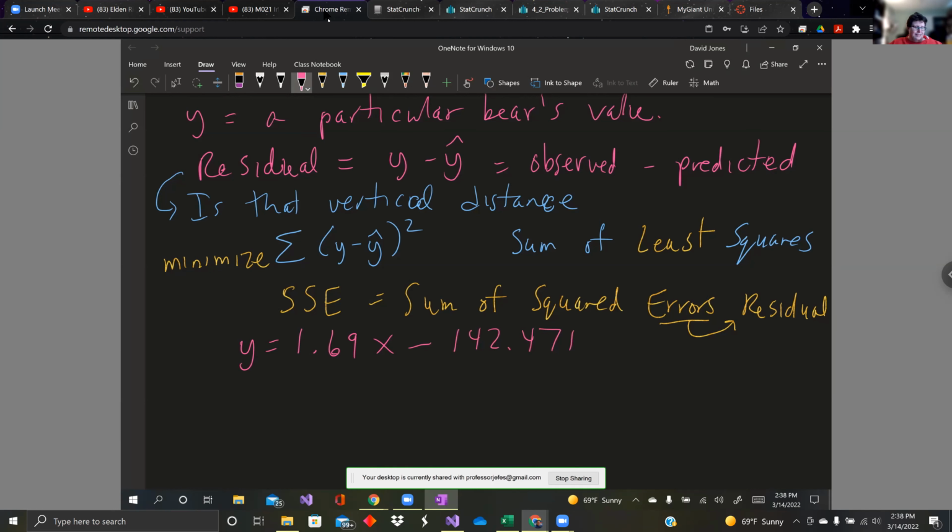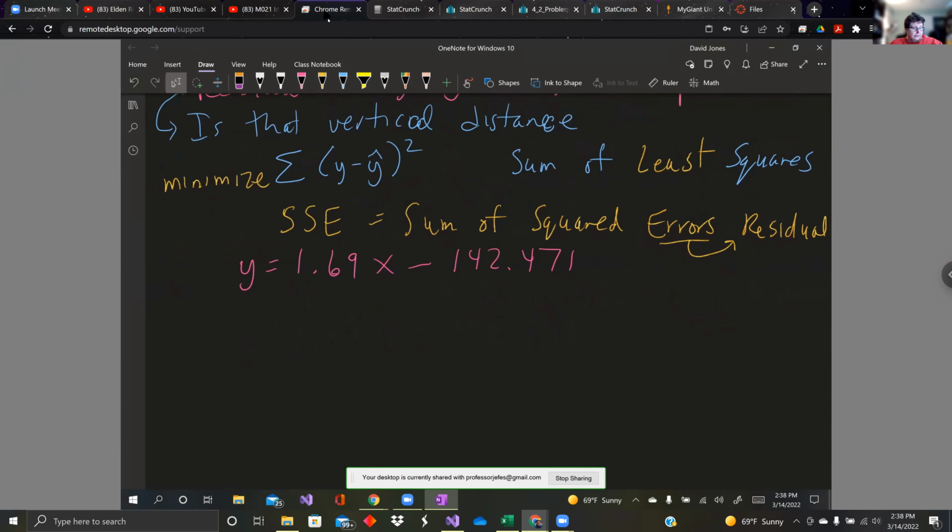Where they come up with these values, I told you they did some math. I'll just tell you what the math is, just so you know what the computer's doing. This is in the form of B1x plus B0. That's what they use in the stats book. I think they should have just used mx plus b. But this is our m and this is our b.